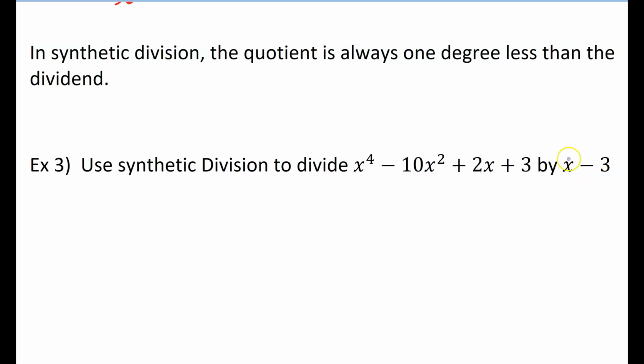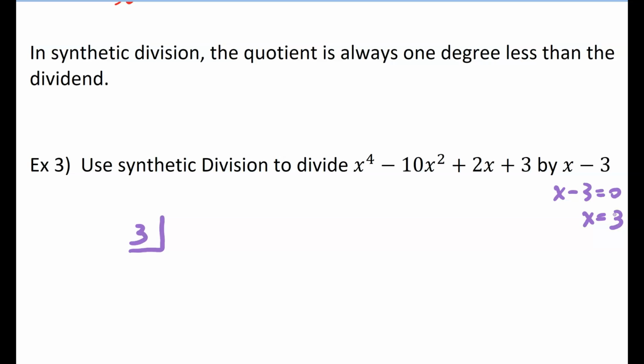Yes, because this is an x minus 3, which means what is my x equal to? 3. So again, we'll put 3 in the box. Why is x equal to 3? You think of this as a 0. If you do x minus 3 equals 0, that means x is equal to 3.